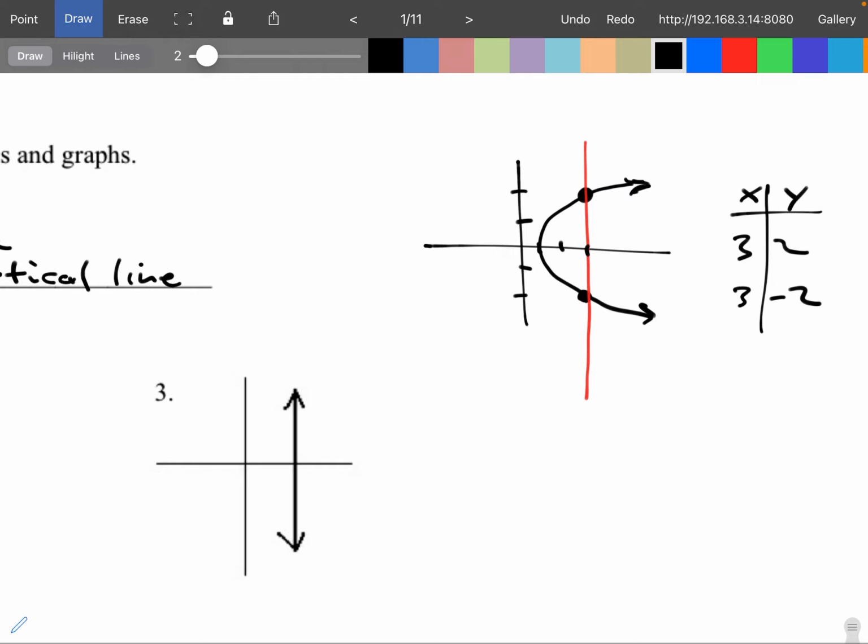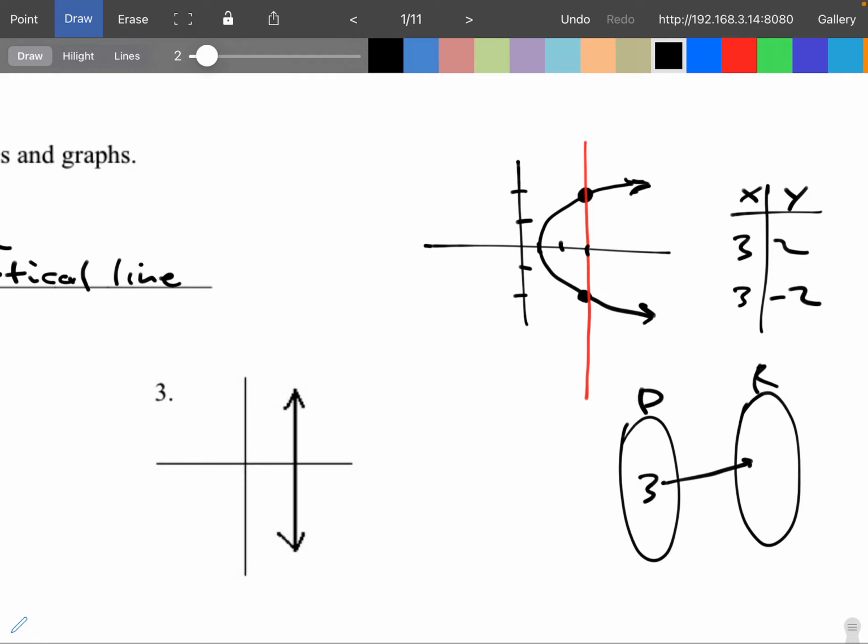That tells you it's not a function, right? If I did a little mapping for this one, this is the domain, that's the range. 3 would map to 2.